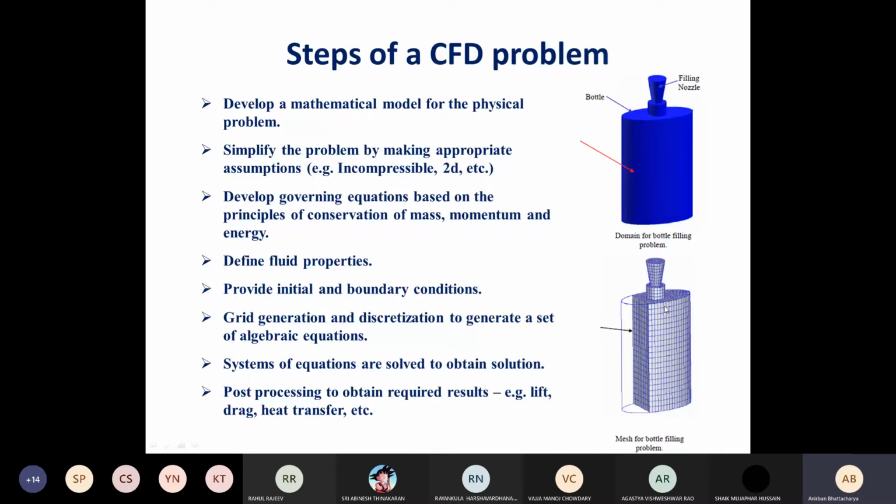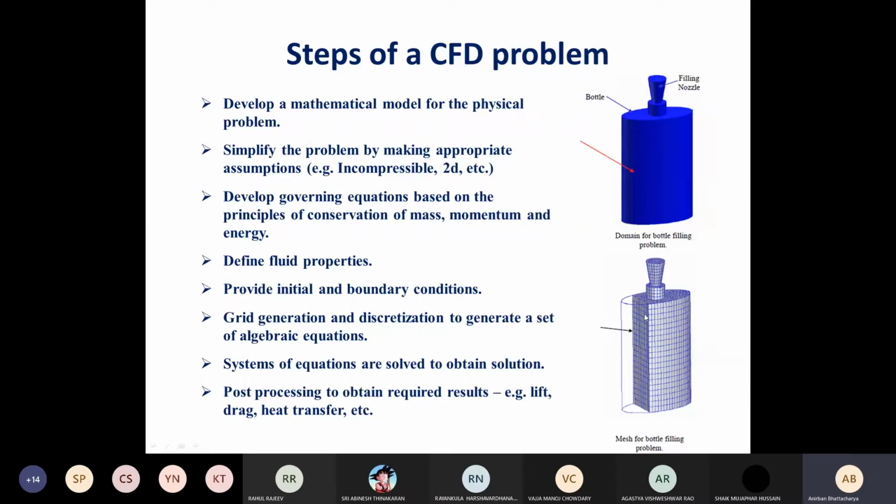So after meshing is done, and after the governing equations have been developed, we need to provide the initial and boundary conditions suitable for our problem, depending on the user. It is not that the initial and boundary conditions are always apparent. We might have to decide them.